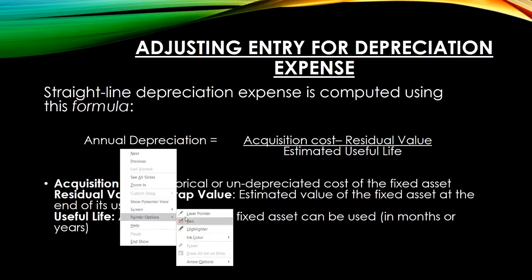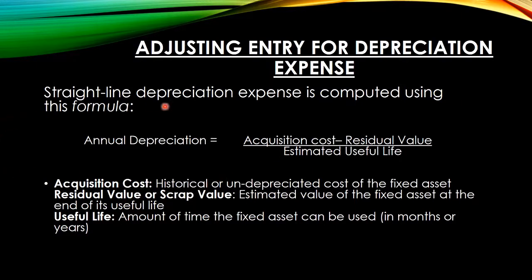Please take note of that because once you do your adjusting, of course, you will see to it that the period it covers, how many months or years it is. Once you computed the depreciation, you must consider what you computed, annual or monthly. You will know that if what you divided by is 5 years, then it is annual. But if you divide it by 60 months, then what you've computed is monthly depreciation. Okay, take note of that.